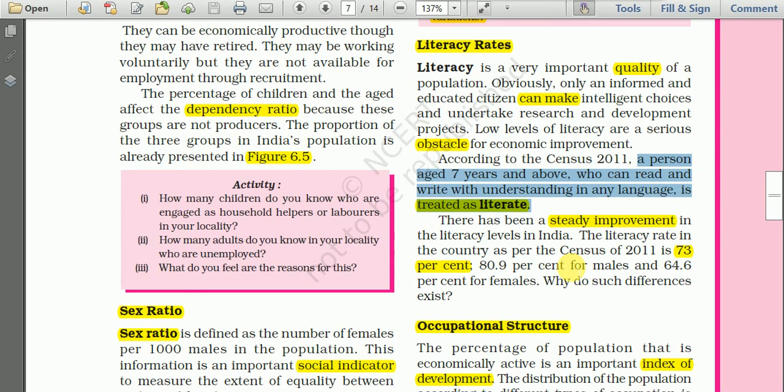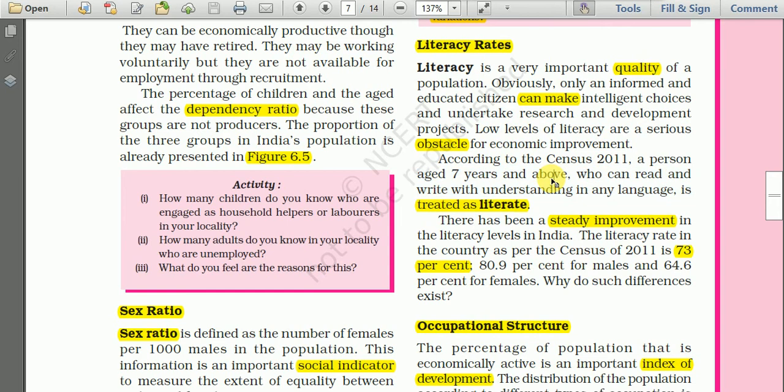That means, say, your brothers and sisters may be 3 or 4 years or 5 years old, and they can also read and write, but they are treated as illiterate according to the Census of India 2011.